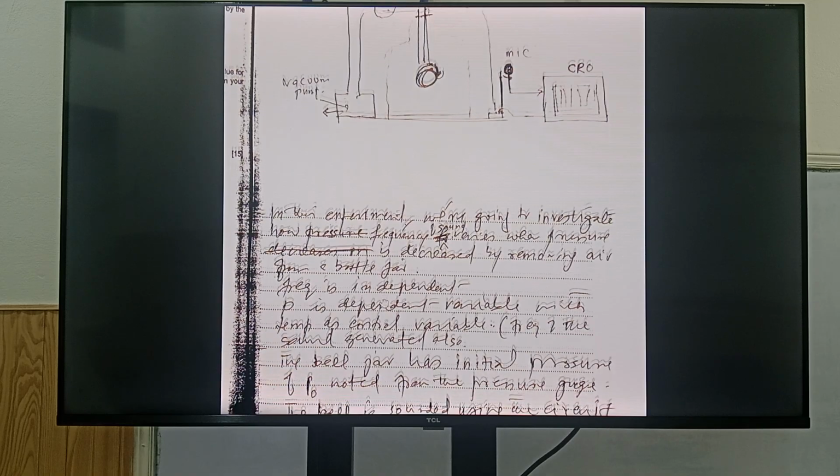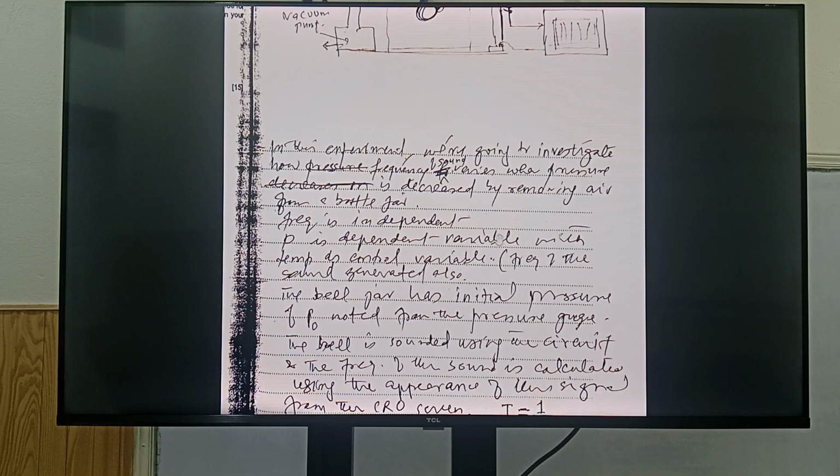Frequency is the independent variable, P is the dependent variable, and temperature is a control variable. There is one more control variable possible here, and that is the frequency of the sound generated. Throughout the experiment, the frequency of the original sound will be kept constant. You will not change it, and the measured frequency will change as a result of the decrease in pressure, but the original sound will have the same frequency.